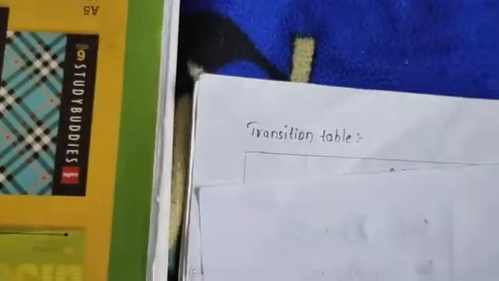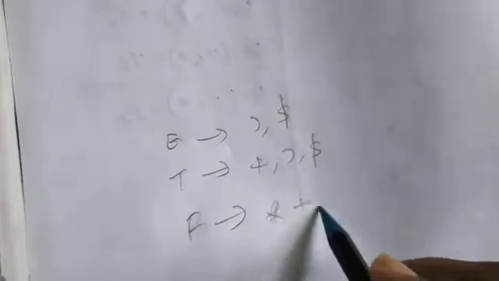So you need to construct the follow for E, follow for T, and follow for F. Actually that should be plus, close braces, and a dollar; then star, plus, close braces, dollar; then star, plus, open brace, dollar.